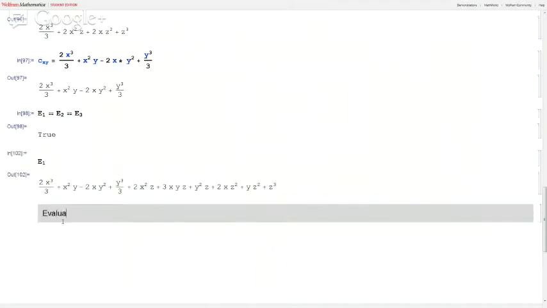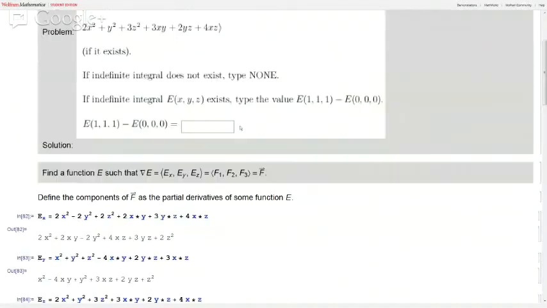Now, I need to round out the problem by evaluating the problem specified here.